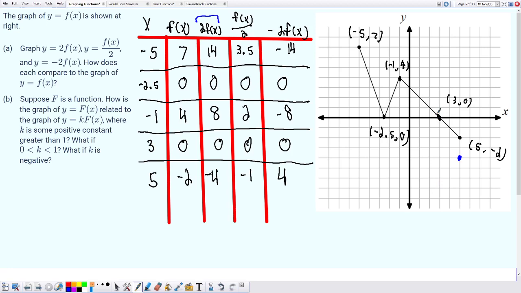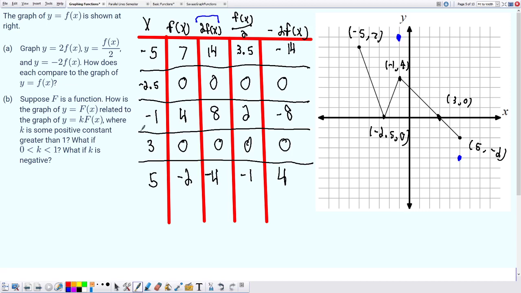Okay. We have negative 1 and 8. So negative 1 and 1, 2, 3, 4, 5, 6, 7, 8. Then we have negative 2.5 and 0, so same thing.